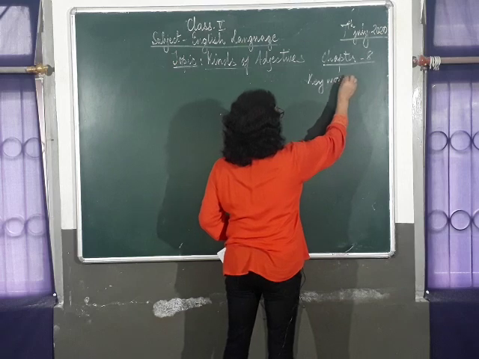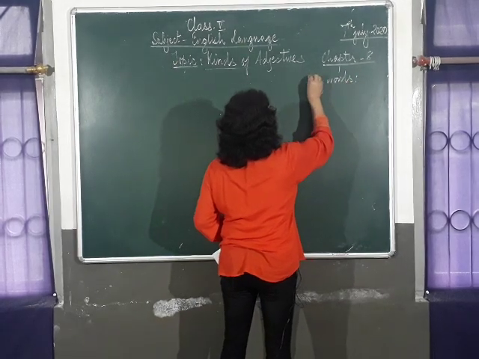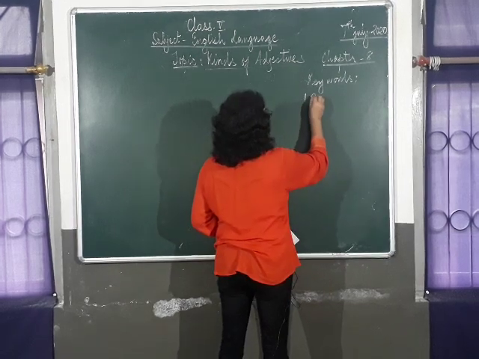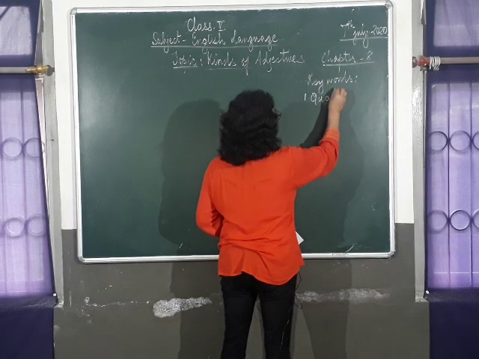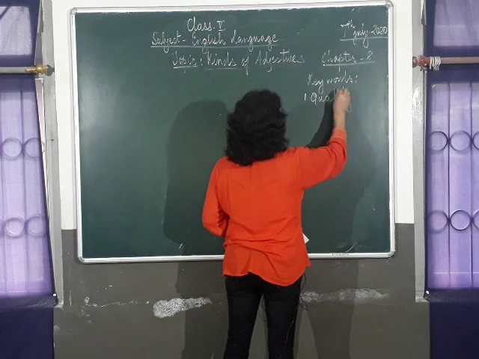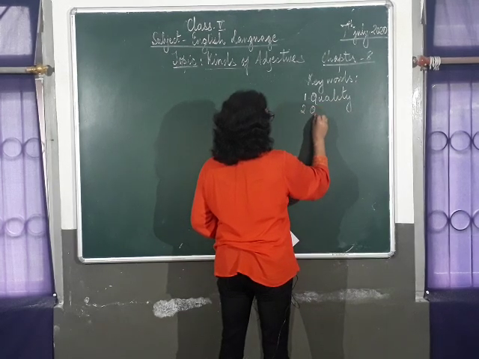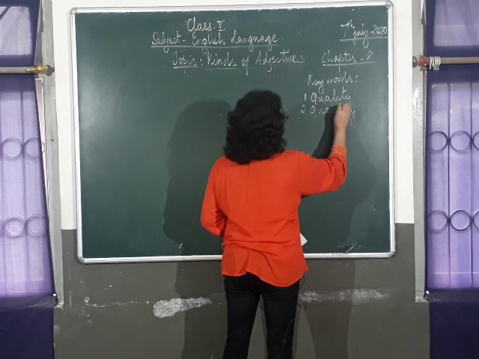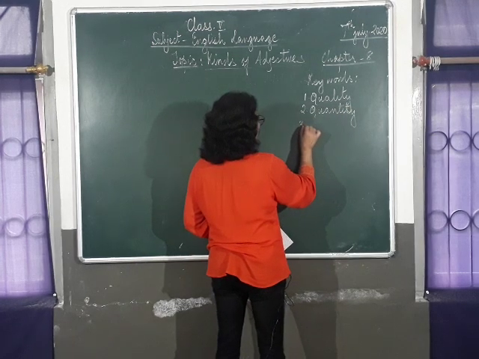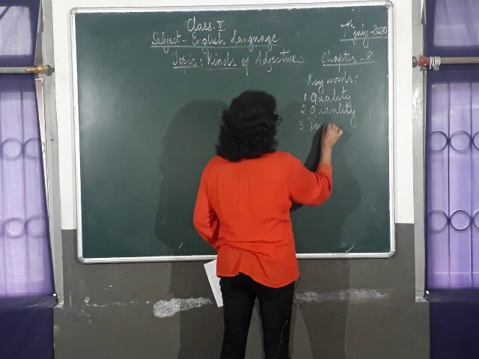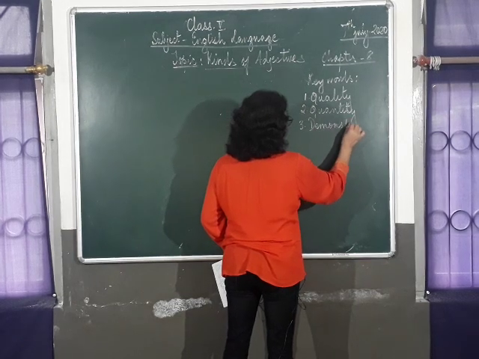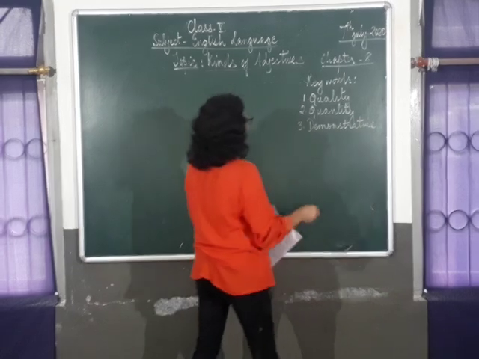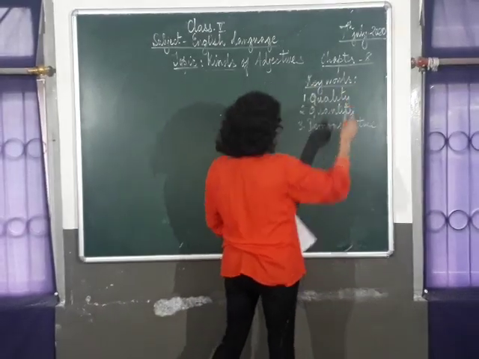Keywords: quality, quantity, and another one, demonstrative. Those are the keywords. Okay, children?